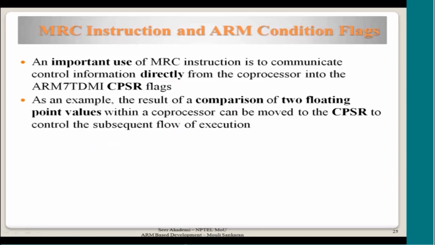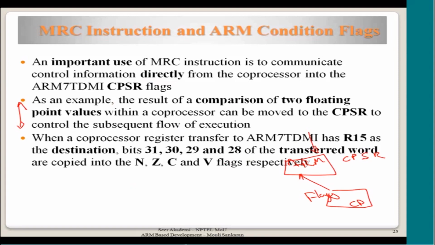I told you that if you want to change the control flow, you need to have the flags in the CPSR. The flags in the control processor have to be transferred to ARM. ARM has the flags in the CPSR to change the control flow of ARM instructions. How can that be done?